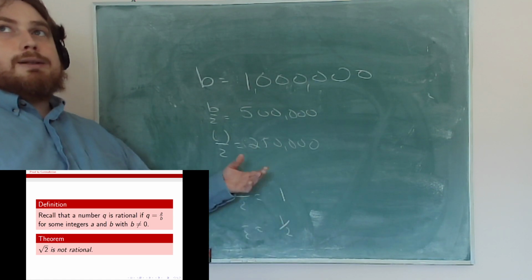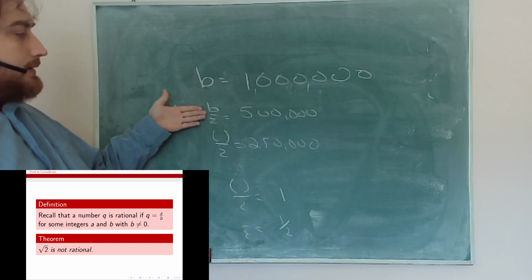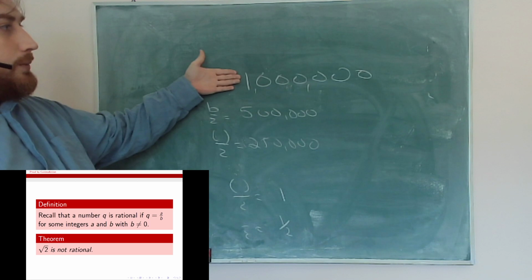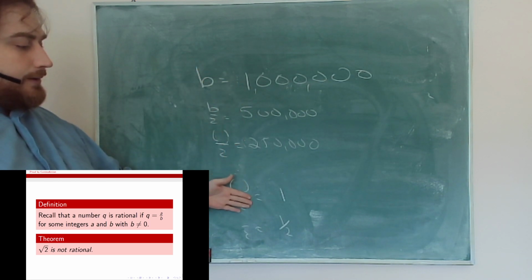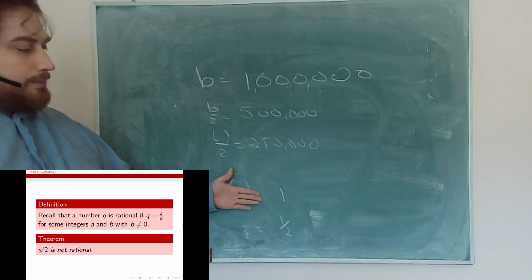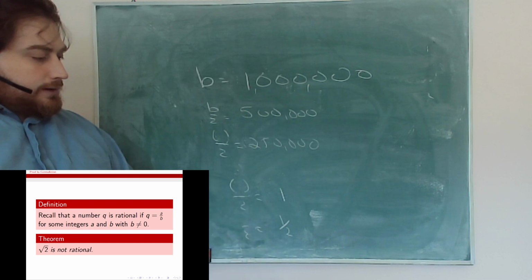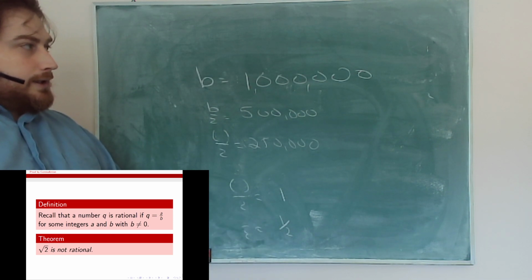To show that, notice this is going to be smaller than this, which is smaller than this. So even if we worked our way down, there could be 1 million integers here when I'm dividing by 2. I could do this a million times, but the million and first time, the biggest I could be is 1. Therefore, the next time I divide by 2, I have to get a fraction, which is not an integer.